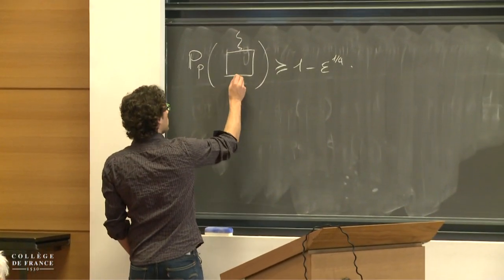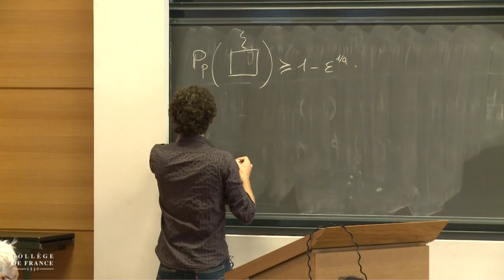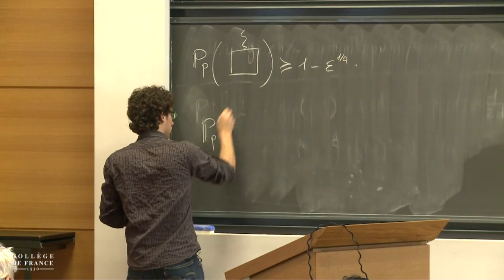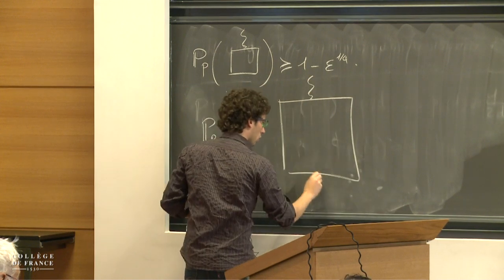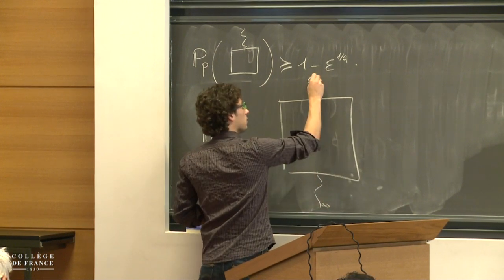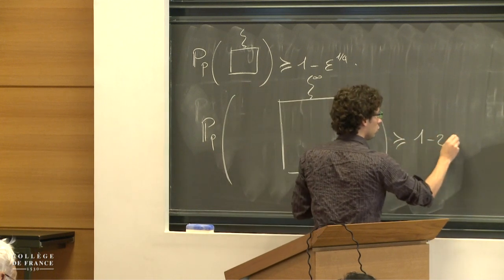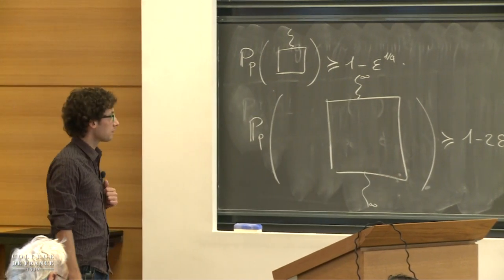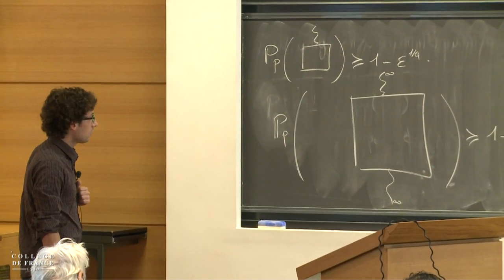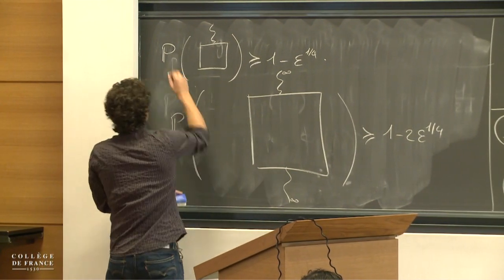OK, so the probability of this, now let's look at the probability of this. So top and bottom connected to infinity. Well, this is larger or equal to (1 minus 2 epsilon) to the 1/4, right? But look, it's not at p, it's at 1/2.